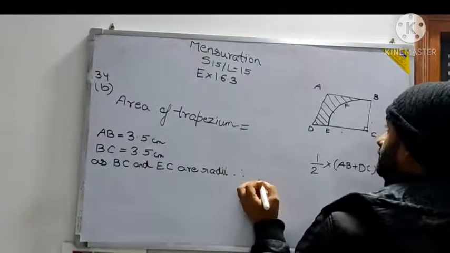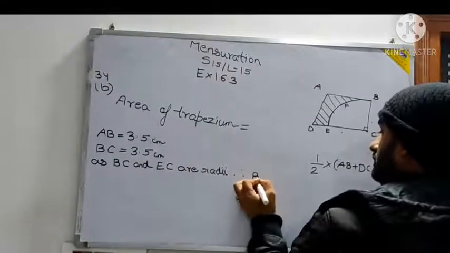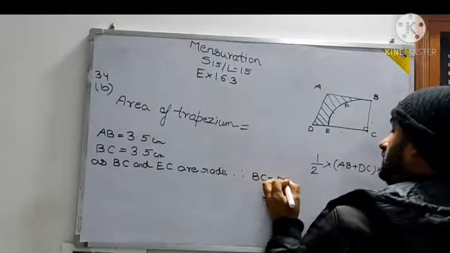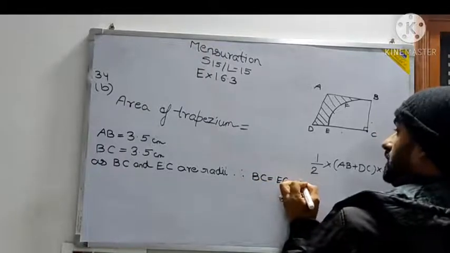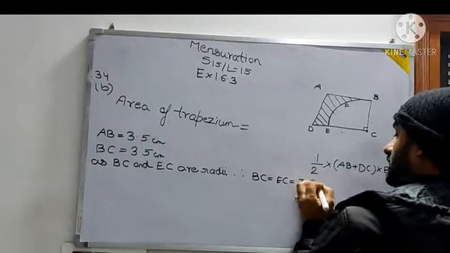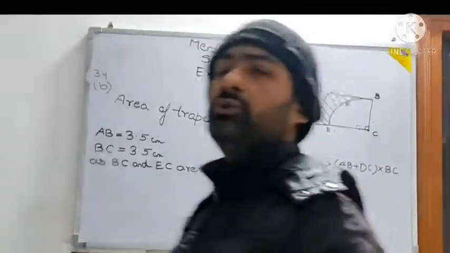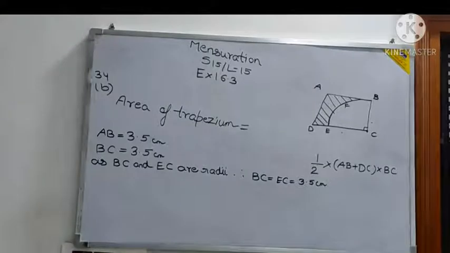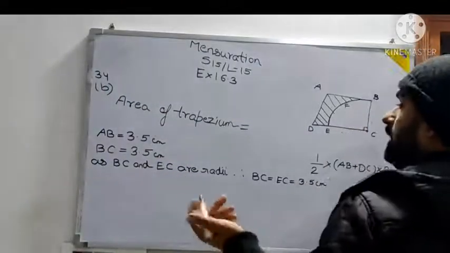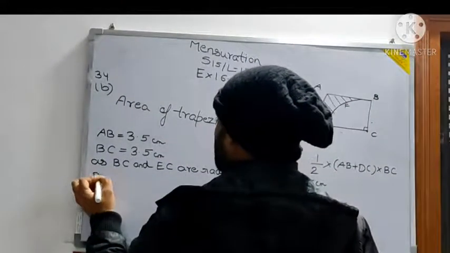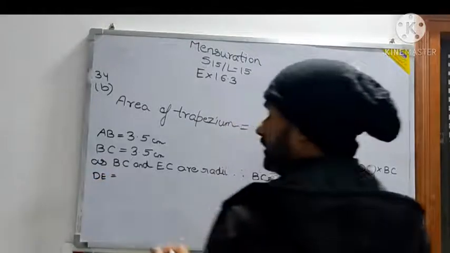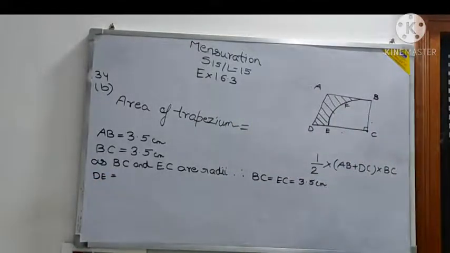Therefore, BC equal to EC equal to 3.5 centimeter. This is something that you need to extract from the question itself. Power failure was there, so no problem. So BC and EC we know. Also DE is given. What is the value of DE? DE is given as 2 centimeter.